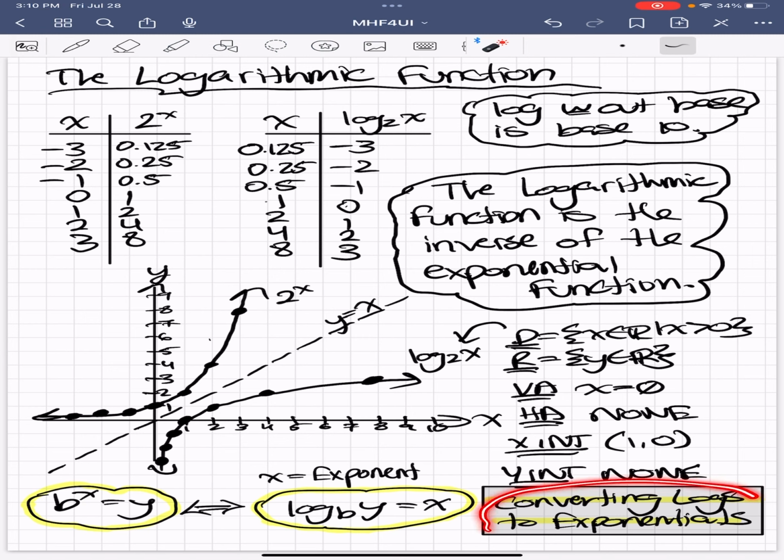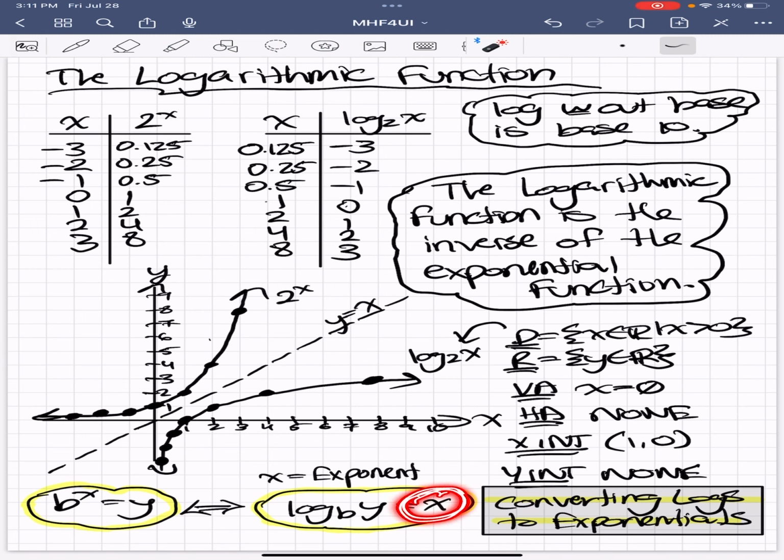So we're going to be converting logs to exponentials. We have the base, we have y, which is the answer, and then we have x, which is the exponent. For the basic logarithmic equation, you're looking for the exponent.